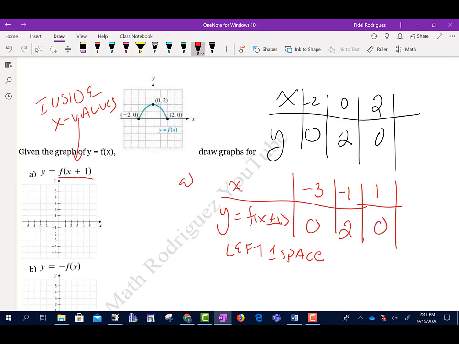So I'm going to go negative 3, 0, which is right here, negative 1 and 2, which is right there, 1 and 0, which is right here. And you can see all we did is we moved it to the left one space. From here to here, we moved to the left one space.